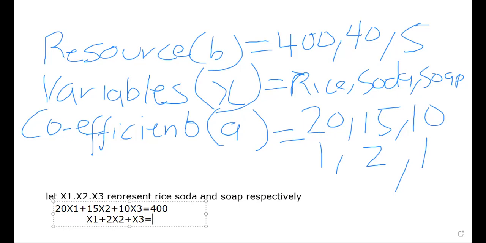All is equal to 40 because you are doing the transportation.